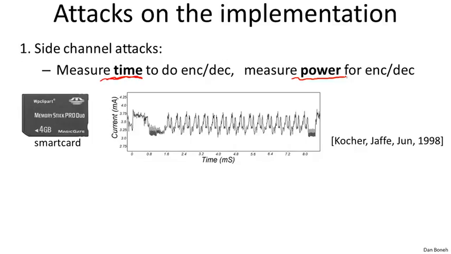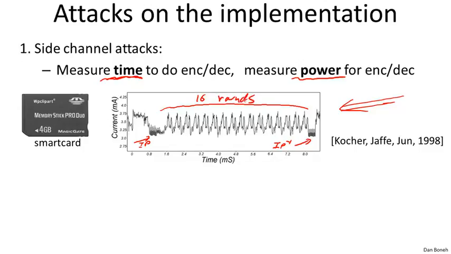When you do that, you get graphs of this form. This is an example of a smart card operating while it's doing the DES computation. You can see very clearly here's when it was doing the initial permutation, here's when it's doing the final permutation, and then here you can count 16 hills and troughs corresponding to the 16 rounds.